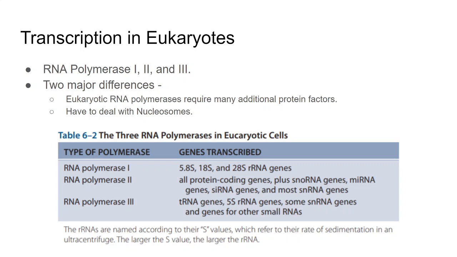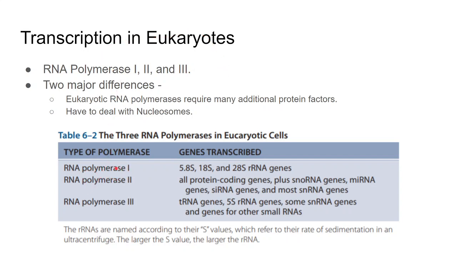In prokaryotes, we talked about RNA polymerase because there's only one kind of RNA polymerase present in prokaryotes. In eukaryotes, there are 3 kinds of RNA polymerases, and those are RNA polymerase 1, 2, and 3. And each of these polymerases transcribes a different kind of RNA.